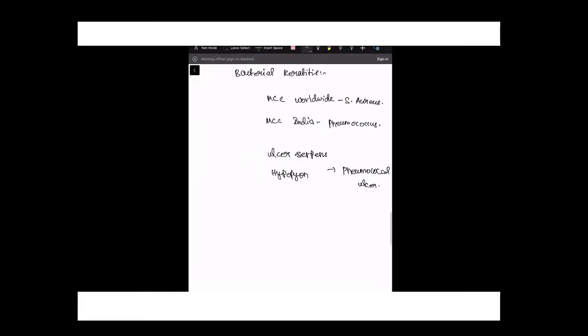Ulcus serpens means you have a corneal ulcer, and serpens means snake, the shape of a snake. Hypopyon, as previously discussed, is made up of WBC, so it is pus. You have an ulcer here, for example, that will look like a snake, and you will have a hypopyon, pus, in a bacterial ulcer.